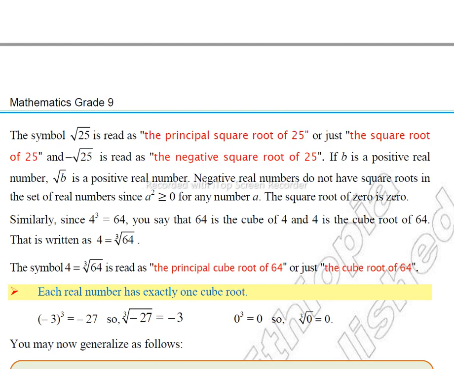A negative real number does not have a square root in the set of real numbers, since the square of a real number is greater than or equal to 0 for any real number.